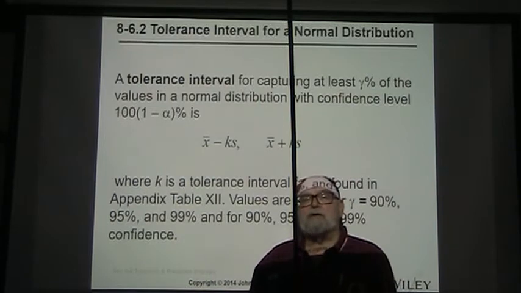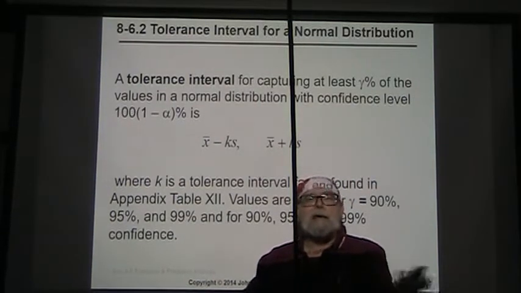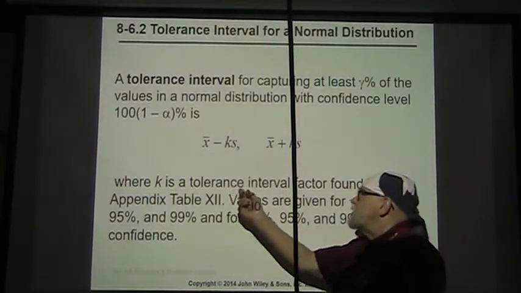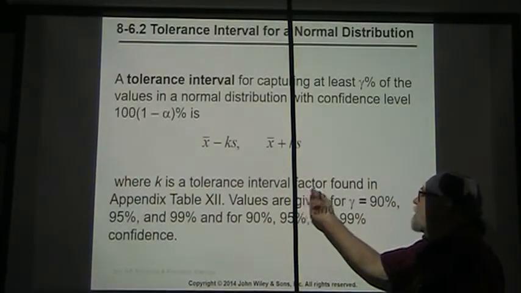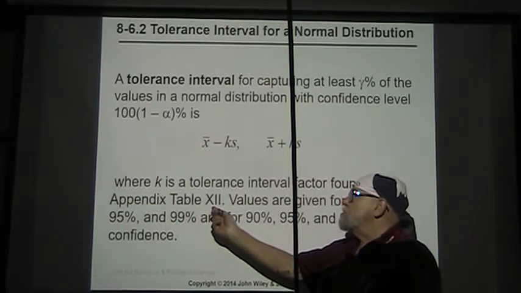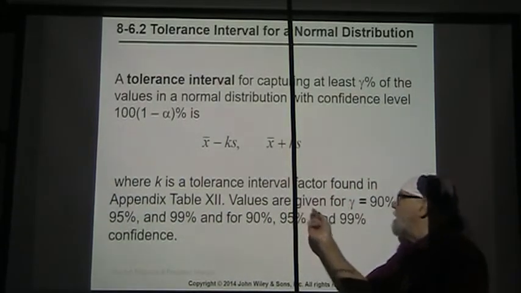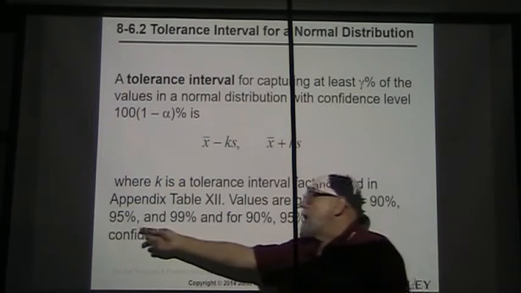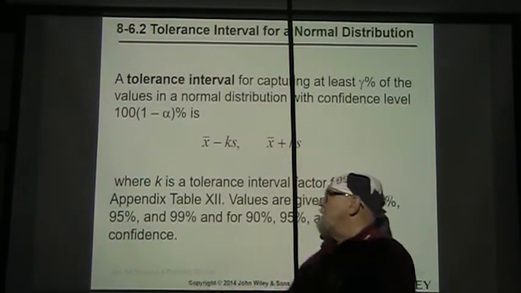Well, you may be saying to yourself, k, where did k come into this? Where k is a tolerance interval factor found in appendix table number 12. Values are given for gamma equals 90%, 95%, and 99%.